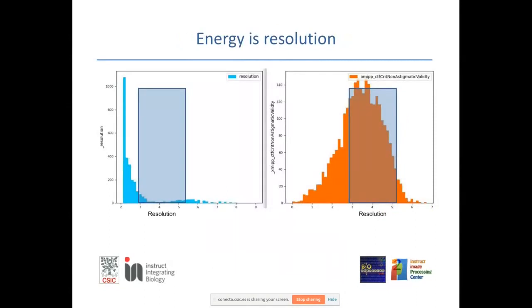And here is this non-astigmatic validity. So if you look at the resolution reported by the CTF programs for this data set, it tells you that you have very high resolution up to Nyquist. Probably this is an overestimation, depending on the program, it sometimes overestimates quite a bit the resolution. But still, you might think that simply by having energy at high frequency, you have a high resolution.